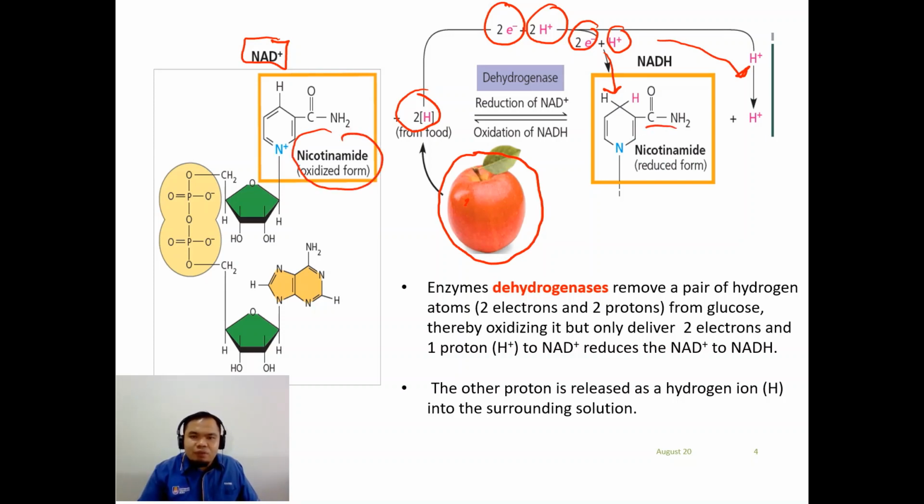This is the reduced form, NADH. So basically, NADH has 2 electrons, which it carries to another molecule, in this case in the process of oxidative phosphorylation. That is how electrons are removed from the glucose. Basically they transfer electrons from glucose to NAD plus, to provide energy for cellular respiration.